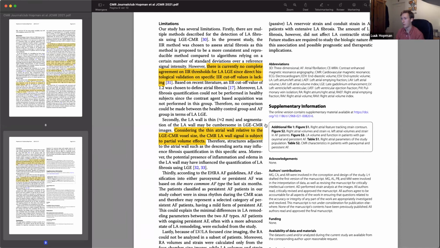Yeah, very interesting. So what would you think when it comes to temporal resolution of the cine images? We know that there might be large variation of strain values. If we vary our temporal resolution, do you think we could be better than now if we would bring temporal resolution down to 10 milliseconds or so, like an echo?